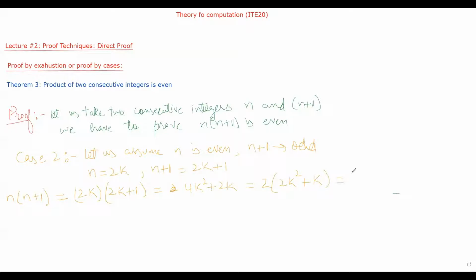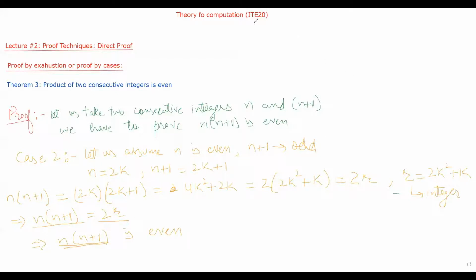And this can be written as 2 into r, where r is equal to 2k square plus k. And this r is an integer because it is the sum and product of integers. So we have proved that n into n plus 1 is equal to 2r. Whenever some number is equal to twice r, that implies n into n plus 1 is even. Okay, so we have proved this.